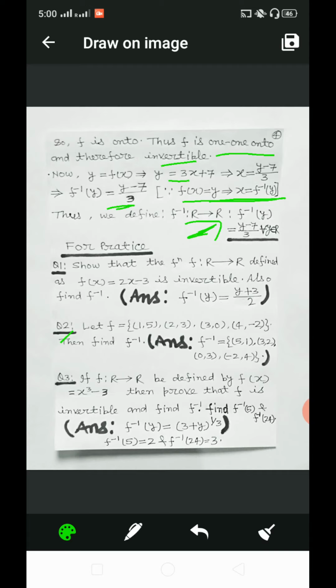And question number 3: if function f from R to R is defined by f(x) equal to x cube minus 3, then prove that f is invertible and find f inverse. Also find f inverse(5) and f inverse(24).